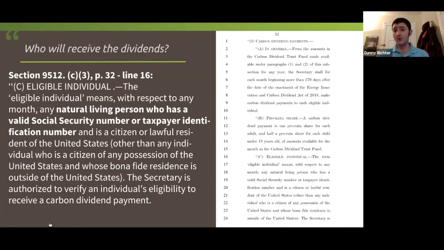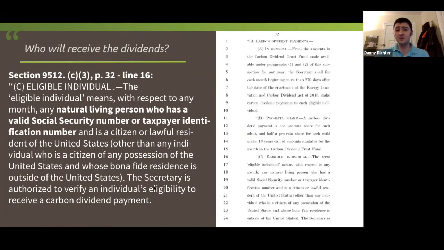And so we remain open, absolutely, to ways to figure out how to get undocumented migrants a dividend. But up until this point, we haven't seen anything. So we are interested, but this is what the text says.